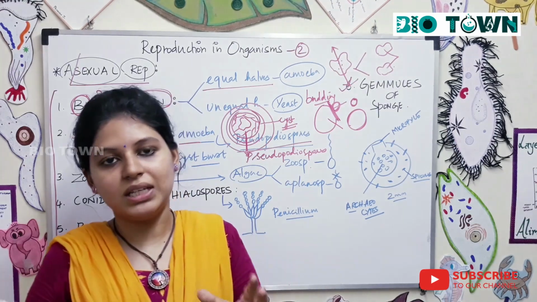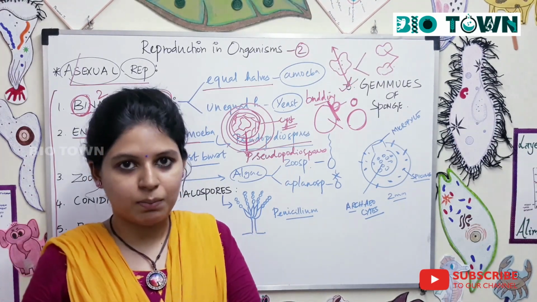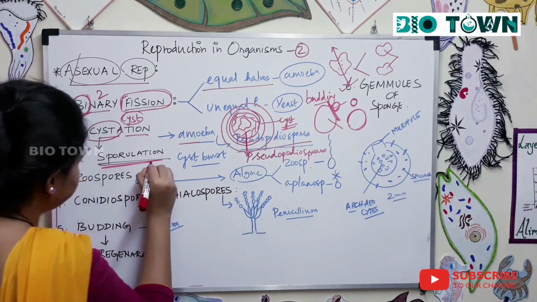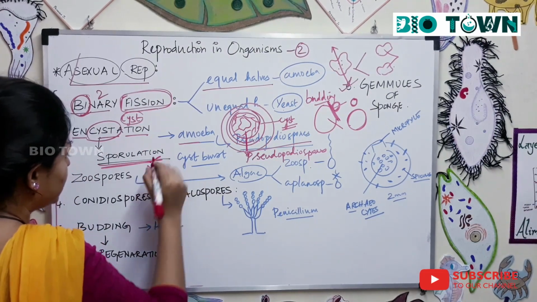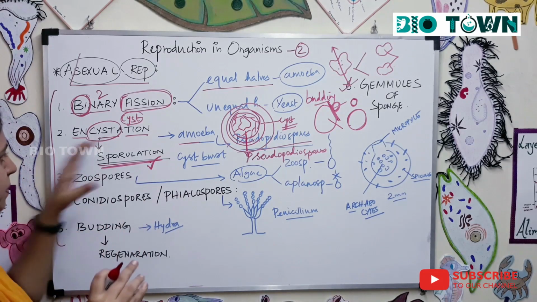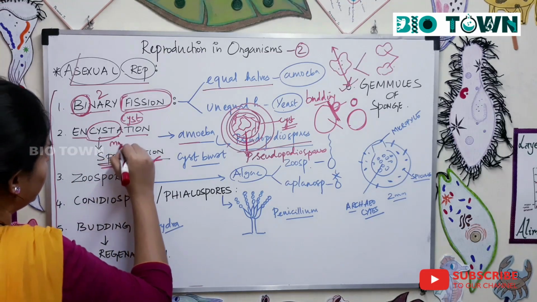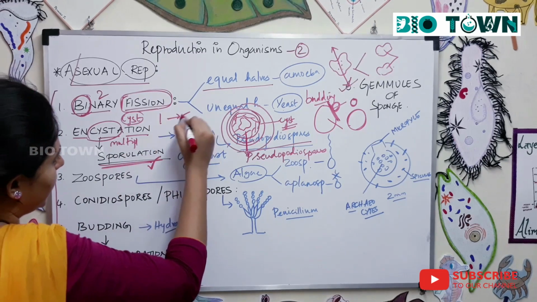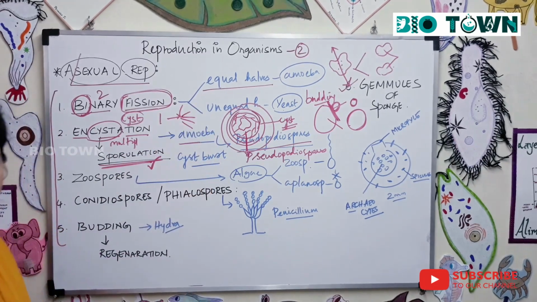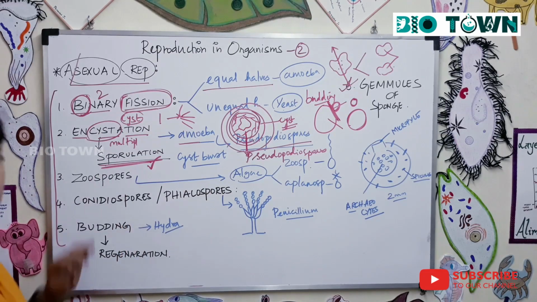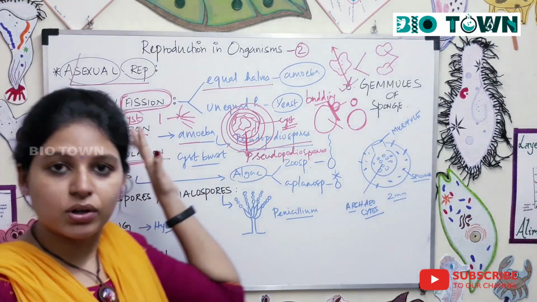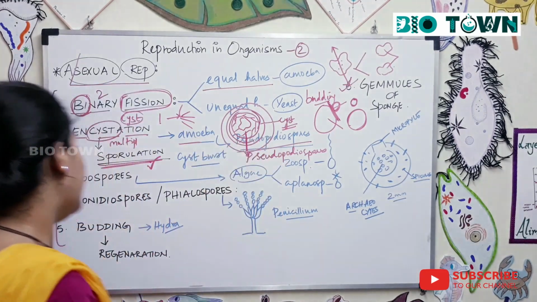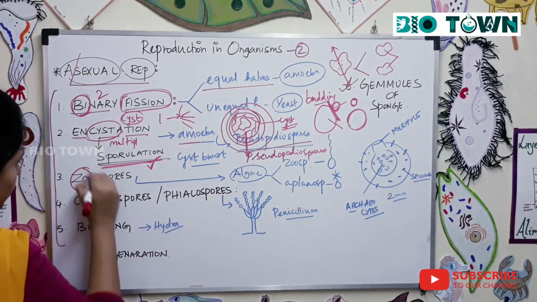The bursting of the encysted amoeba, and this process is called sporulation. This term is basically associated with multiple fission, where there is a single parent and many daughter cells. So you can refer to it as sporulation, and this is possible only in multiple fission.